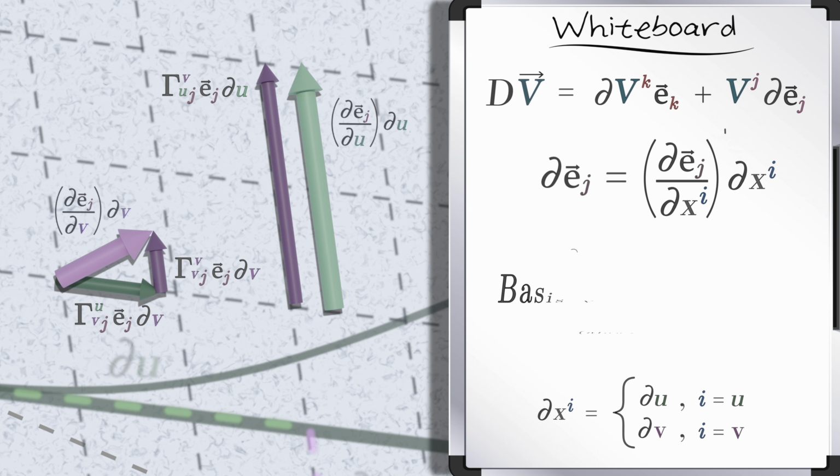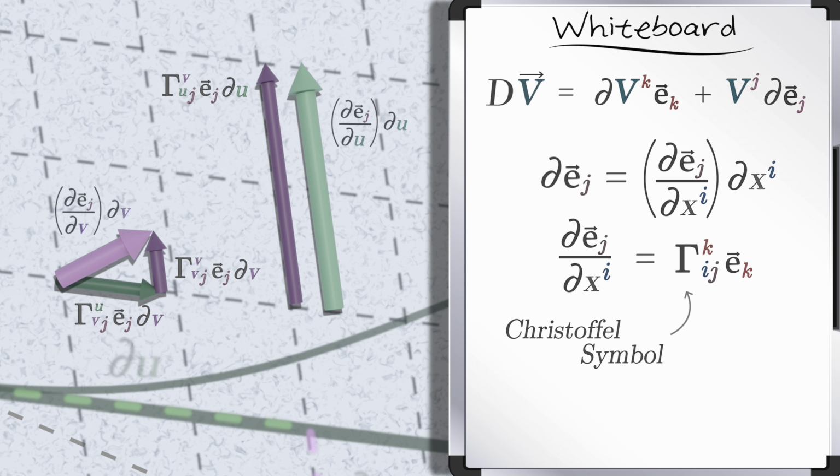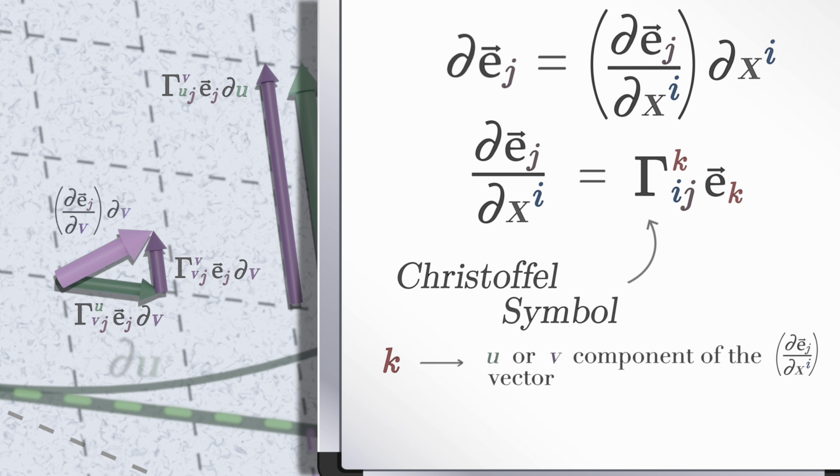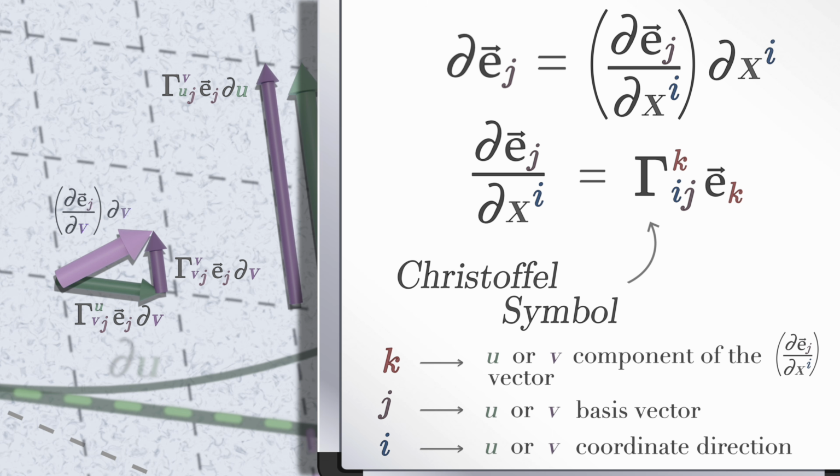That is, dej/dxi equals gamma^k_ij ek, where big gamma is the Christoffel symbol corresponding to the k component of the derivative of the ej basis vector with respect to the i coordinate direction. And again, there's an implied summation over the k.